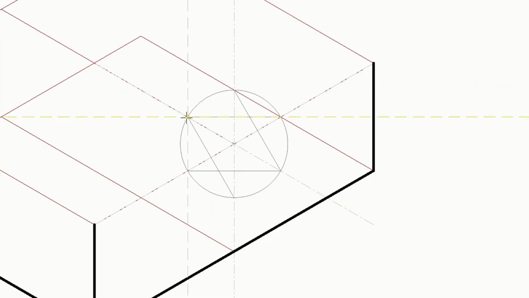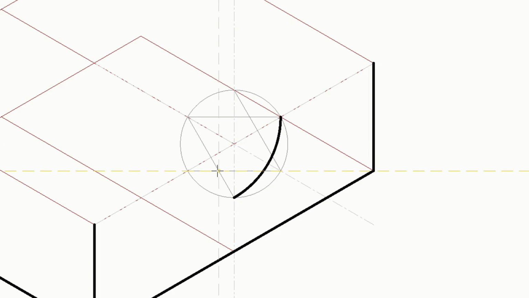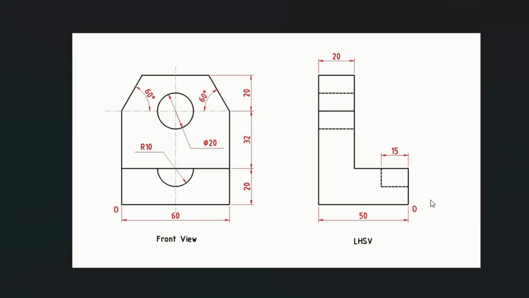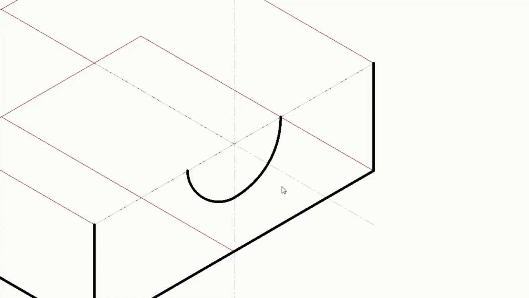This is the center point, this is the radius, this is the larger arc. And for the smaller arc, this is the center, this is the radius, this will be the smaller arc. So this is how the circular portion would look, the one which is on this face. Now let's complete the other part here.